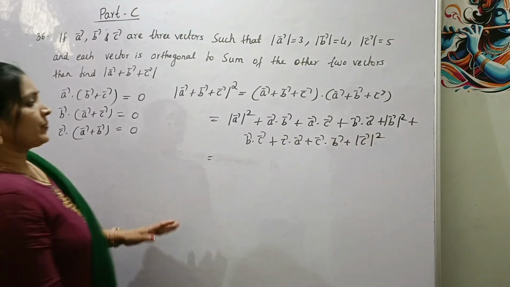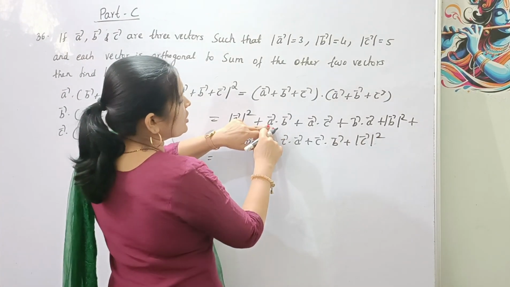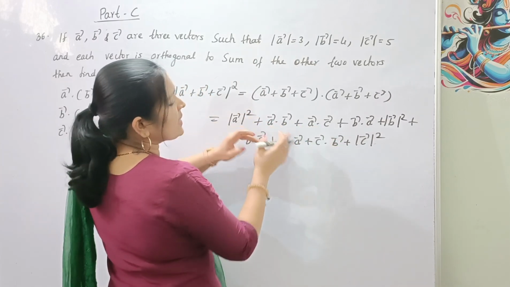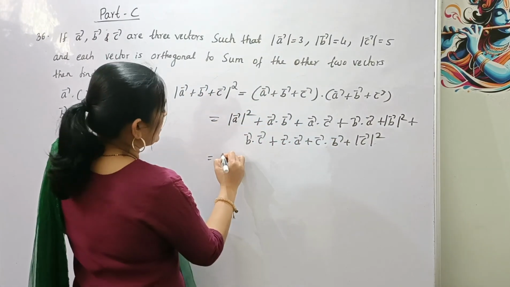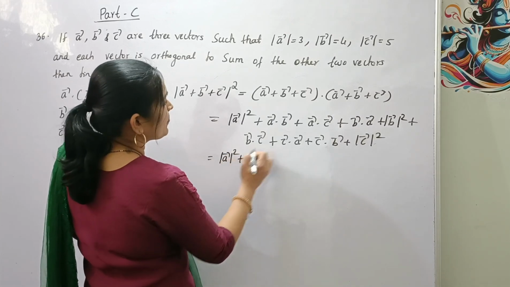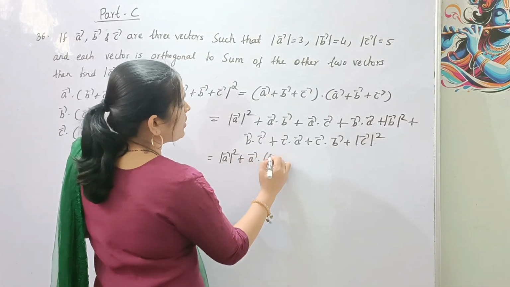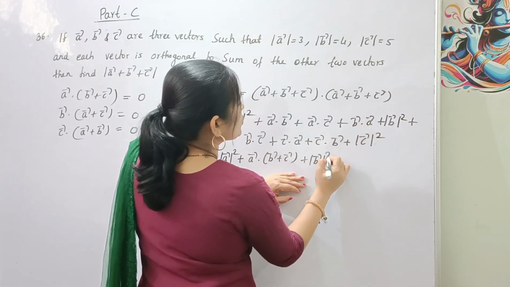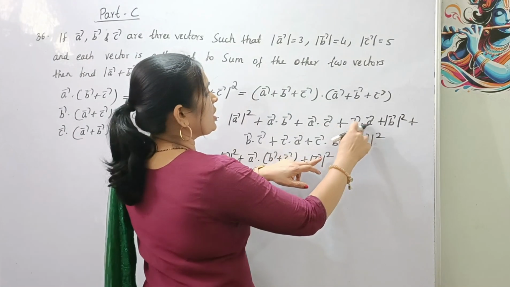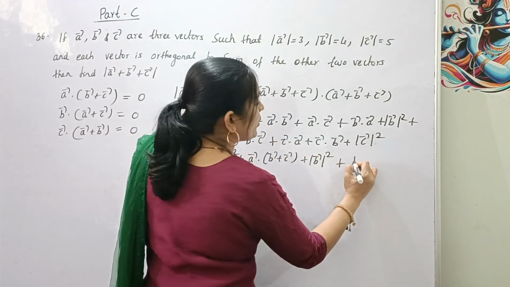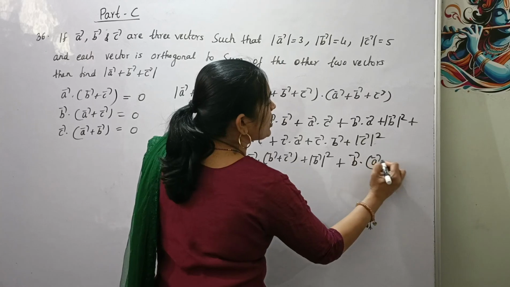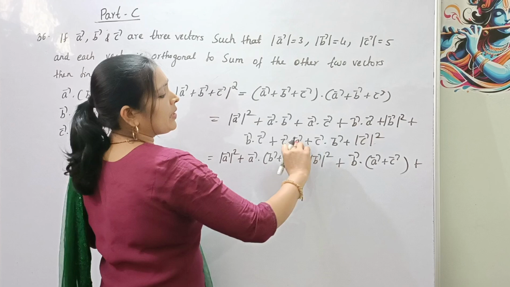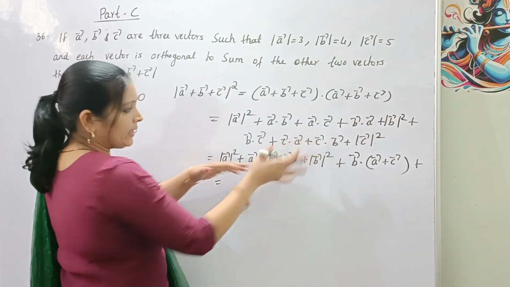Now here, vector A dot vector B and vector A dot vector C can be written as vector A dot B plus C. So modulus of vector A square plus vector A dot vector B plus vector C, and plus modulus B square plus vector B dot vector A plus vector B dot vector C, so it can be written as vector B dot vector A plus vector C. Plus here vector C dot vector A plus vector B, here we can take C outside.